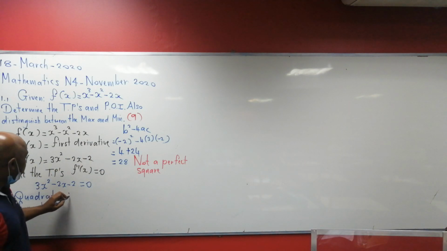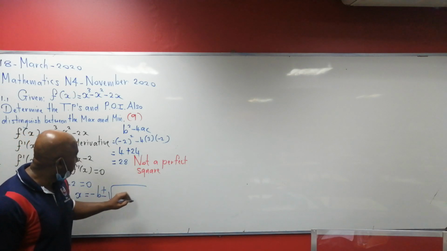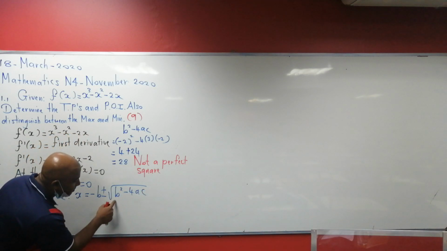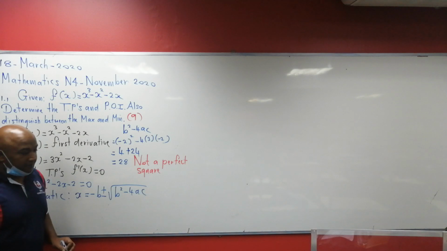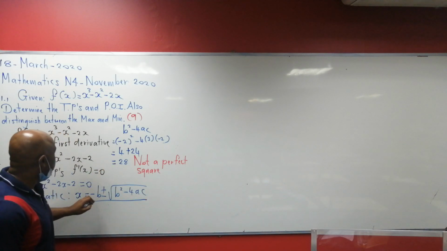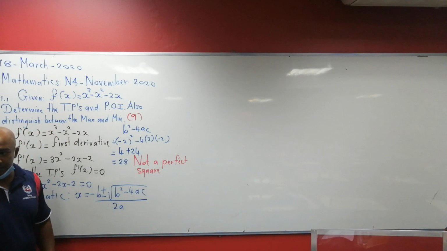So the quadratic formula, x is equal to minus b plus or minus the square root of b squared minus 4ac, which is this part here that I just checked now. This is the part that determines the nature of the roots. So now all over 2a.